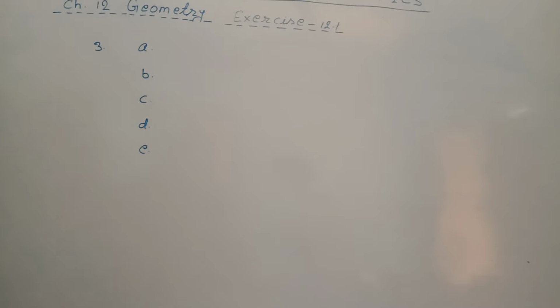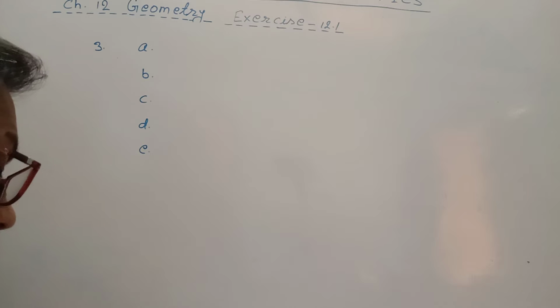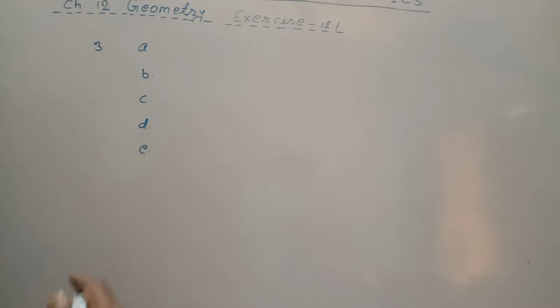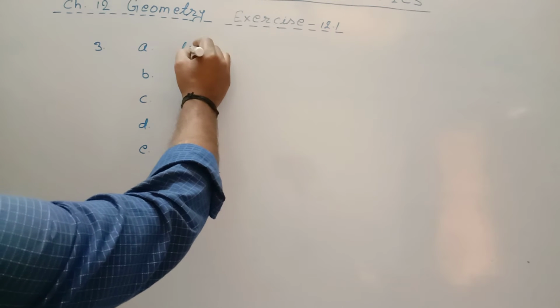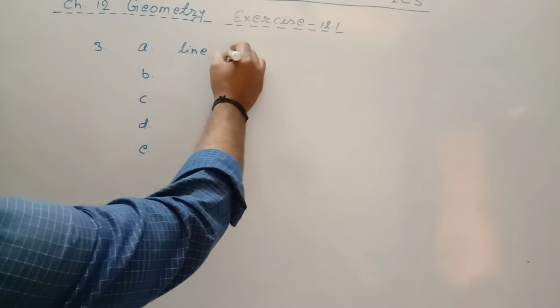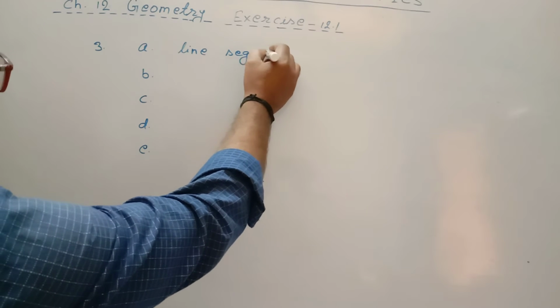Question number 3. Classify the following into rays, line segments and lines. In A, the figure is given there, AB is a line segment.